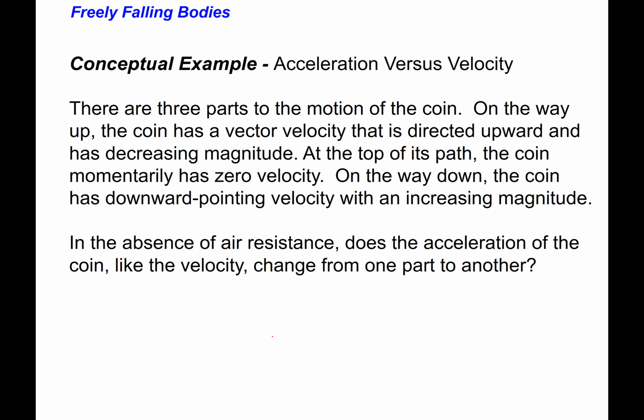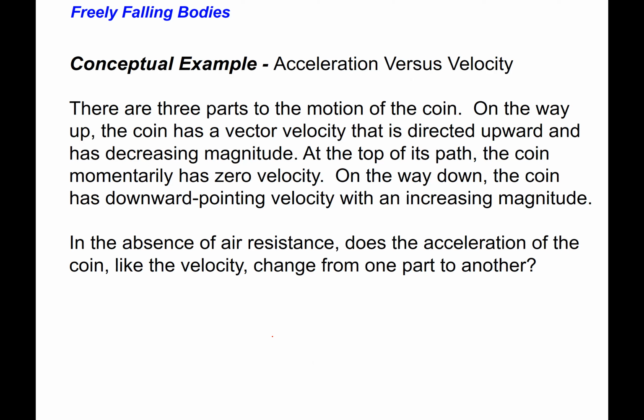In this conceptual example, it says that there are 3 parts to the motion of the coin. On the way up, the coin has a velocity vector that is directed upward and has decreasing magnitude because it's being acted on by acceleration due to gravity that is acting in the opposite direction, therefore it's slowing it down.